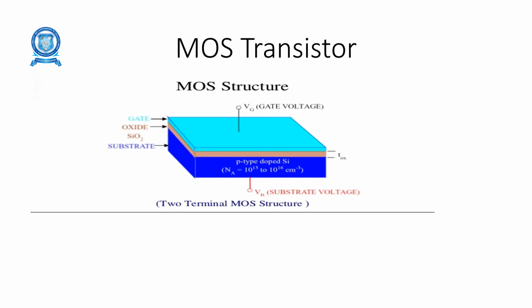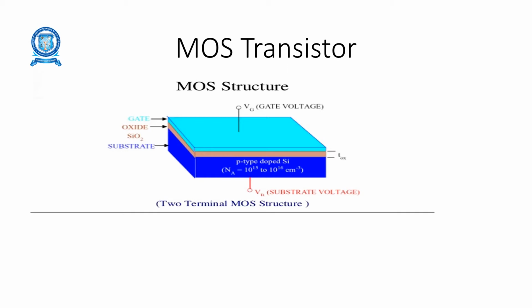Next, why are we calling it metal oxide semiconductor in VLSI? MOS means metal oxide semiconductor. In the metal oxide semiconductor, different layers are formed to make a single transistor. First one, gate level, second, oxide, silicon dioxide.